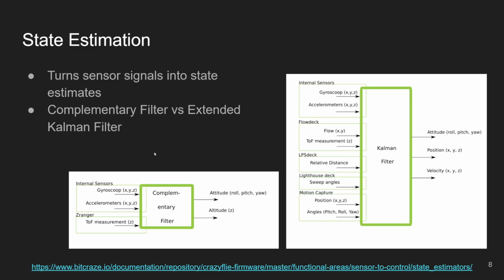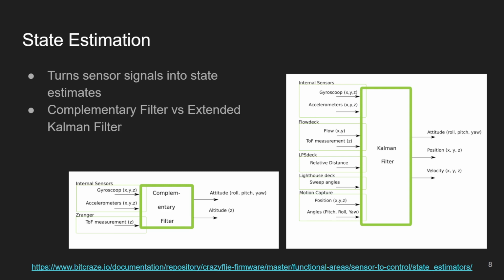So we'll start off with the first one, state estimation. In the grand scheme of things, it turns the signals that it gets from the sensors into state estimates. That's incredibly important in determining where to move the drone, because you need to know where the drone currently is and how much to adjust.